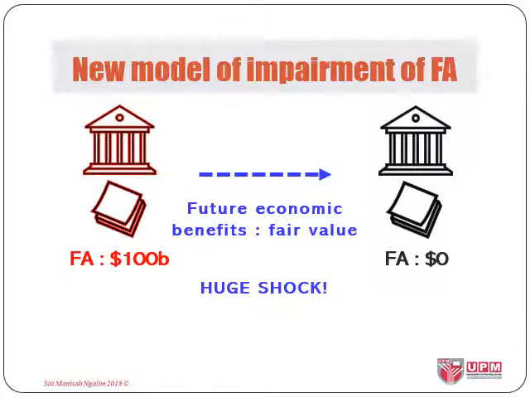The IASB published the final version of IFRS 9 in July 2014, replacing IAS 39. The main new features include a new model of classification and measurement, impairment, hedge accounting, and own credit. And the new model of impairment is structured in such a way to avoid the huge financial shock in the future.